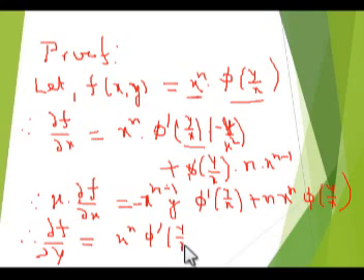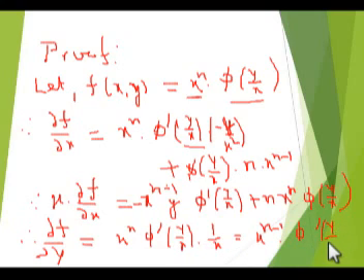When we differentiate y by x with respect to y, we get 1 by x. So we get x to the power n minus 1 times the derivative of phi of y by x.